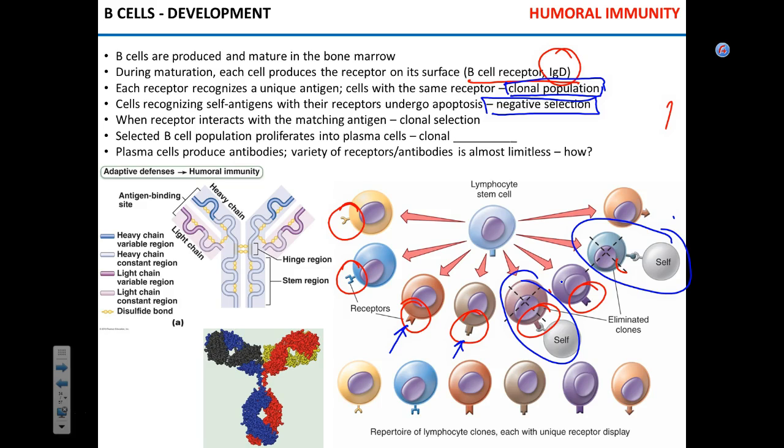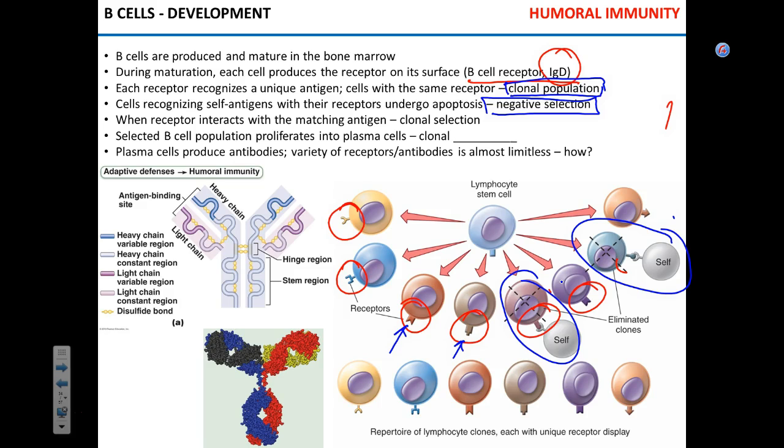So once they matured in the bone marrow, where do these B cells go? The lymphatic system. And they sit in the lymphatic system, right? And they wait. What are they waiting for? Antigen.